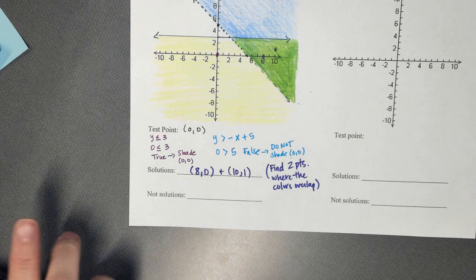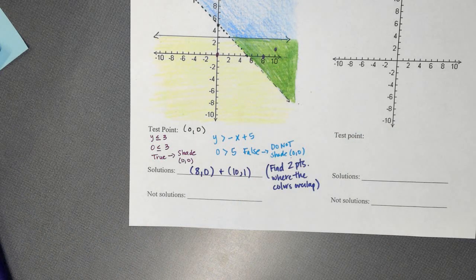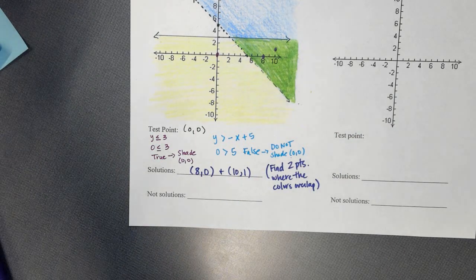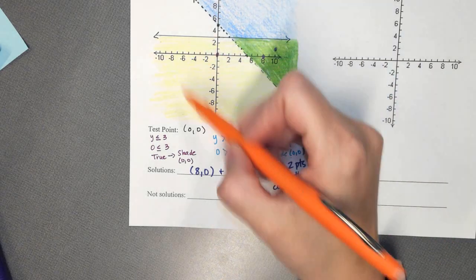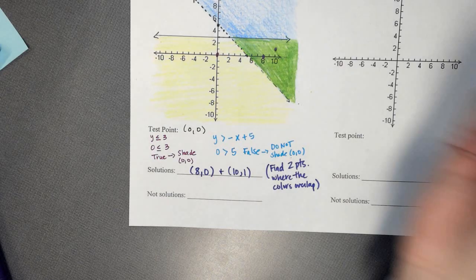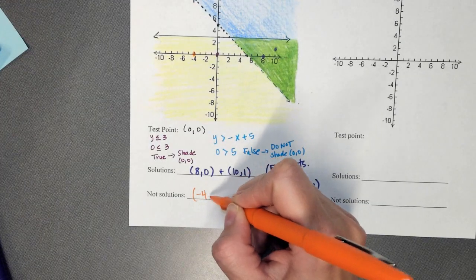Now for the non-solutions, you can pick any point that is not in the green area. So it could even be in this area over here. So like negative 4, 0, that's not a solution.